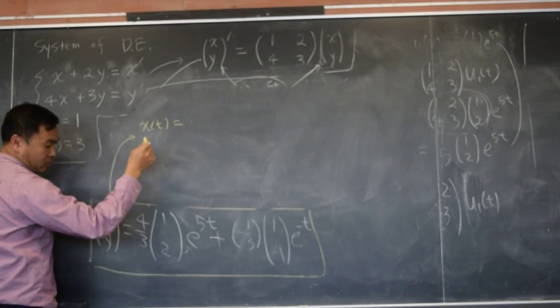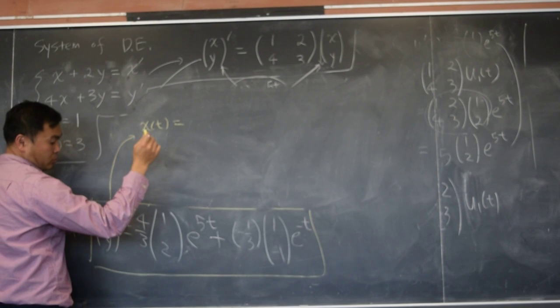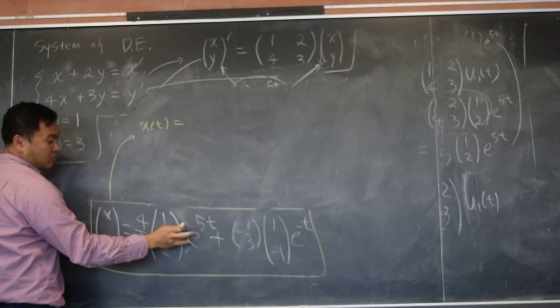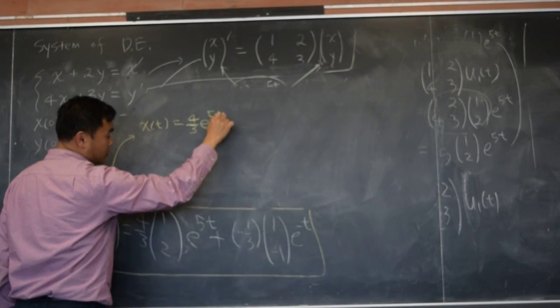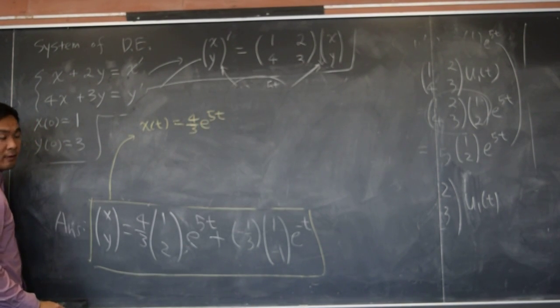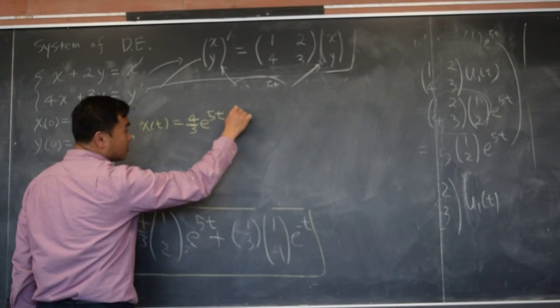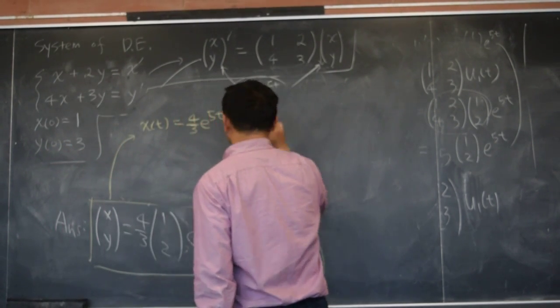What does it say? x(t) is 4/3 times 1 times e to the 5t, minus 1/3 e to the negative t.